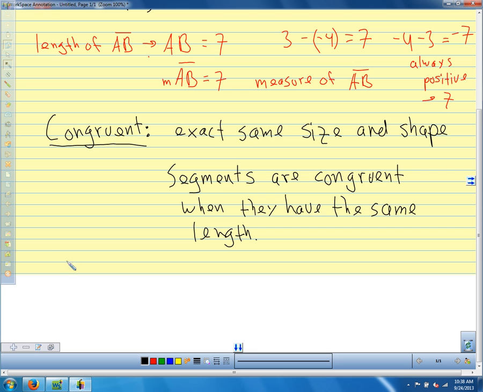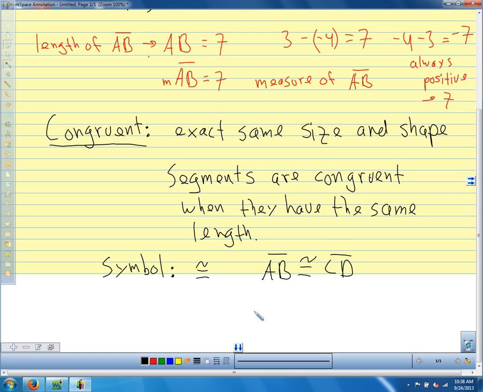Our symbol for congruent is an equal sign with a squiggle over the top. So we would say, for example, AB, we wrote this.